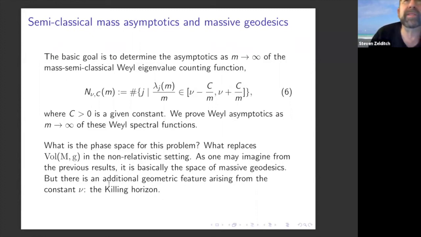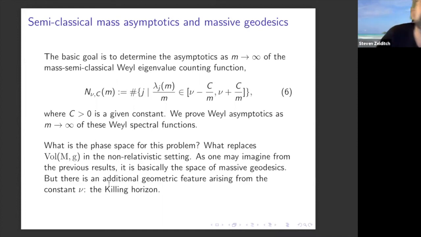So first of all, once we, so to speak, tilt the ladder, we change the controlling dynamical system. It's no longer going to be massless geodesics, null geodesics. It's going to be massive geodesics, time-like geodesics, where the length squared of the geodesic is minus m squared.